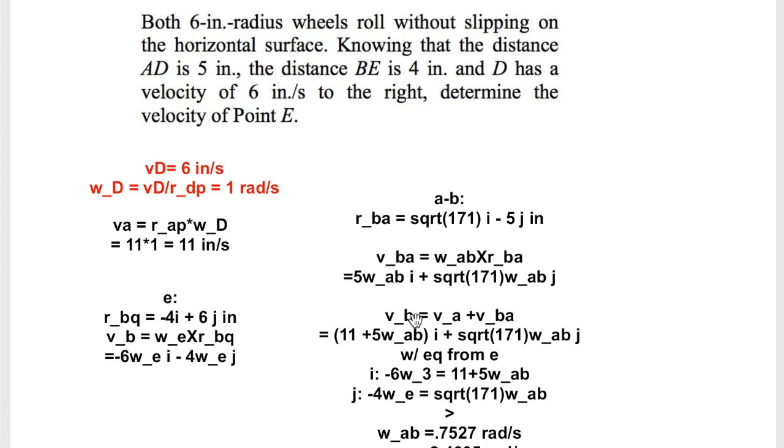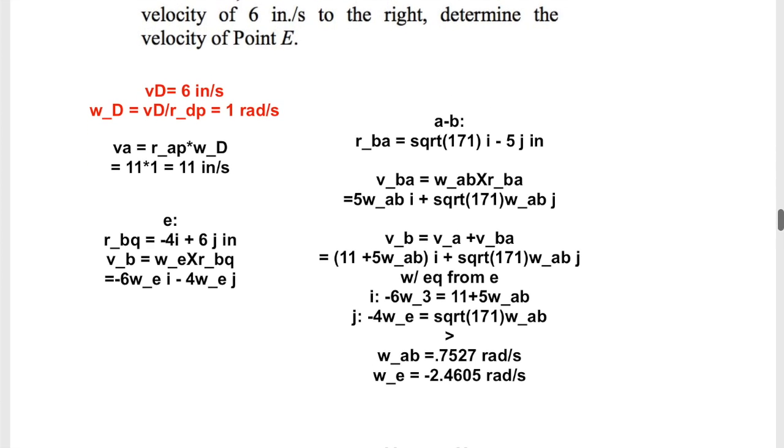And then we're going to combine this velocity B that we just found with this other one we found here and set them equal to each other because we know they have to be equal. We're going to separate by the i's and get this equation here, j's and get this equation here. By solving them simultaneously, we get angular velocity of AB equals 0.7527 radians per second, and this angular velocity of E is negative 2.4605 radians per second.